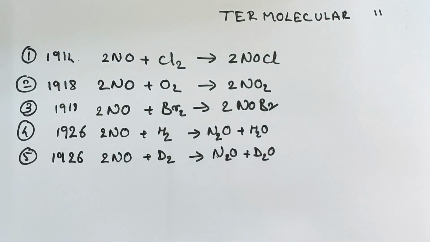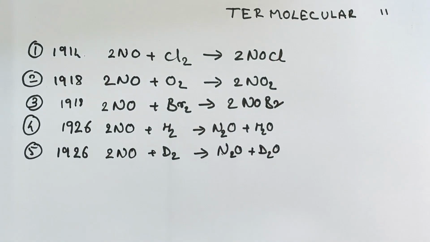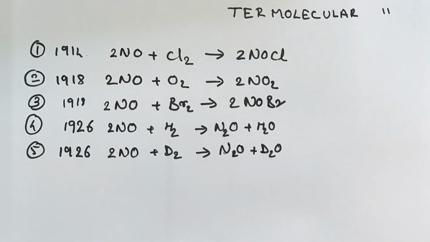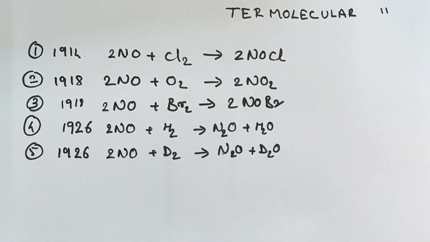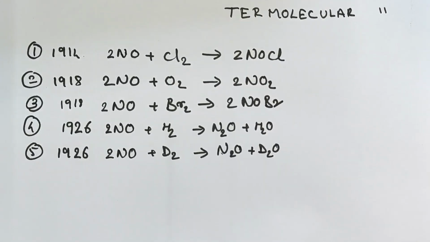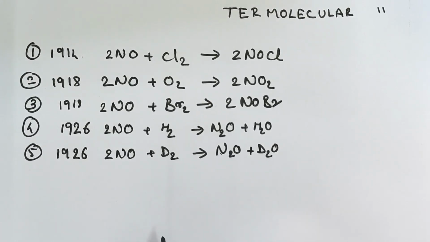So these are the 5 homogeneous reactions which follow third order kinetics. Probably there may be a few more reactions reported since this is around 1926, but these are the 5 classic examples of reactions following third order kinetics, and all these reactions are examples of trimolecular reactions.